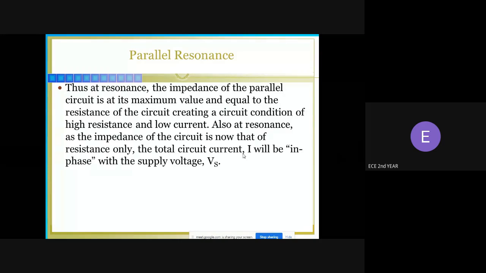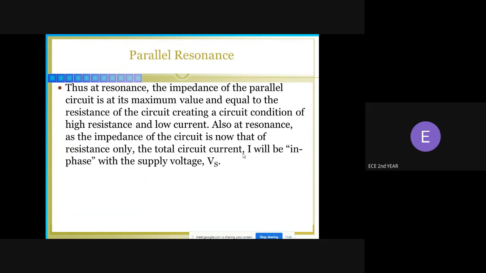Thus, at resonance, the impedance of the parallel circuit is at its maximum value and equal to the resistance of the circuit, creating circuit conditions of high resistance and low current.